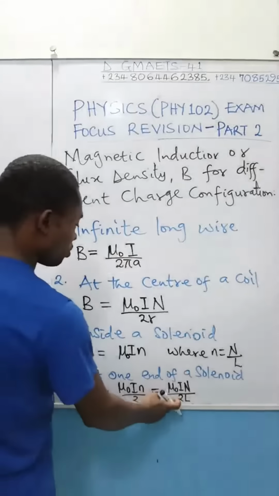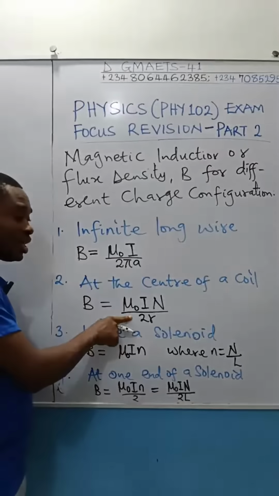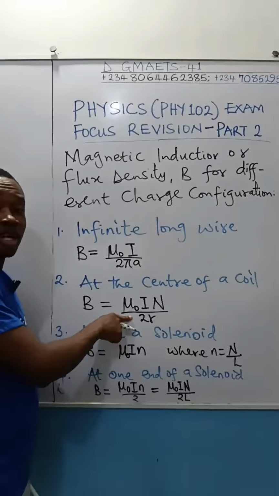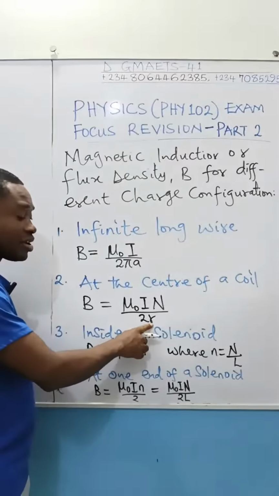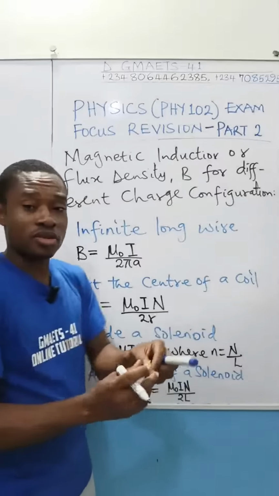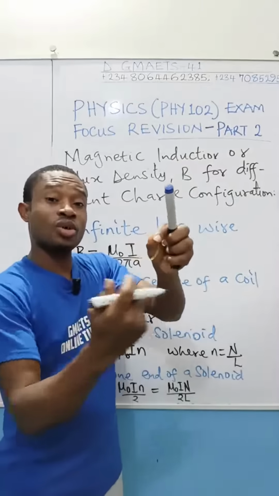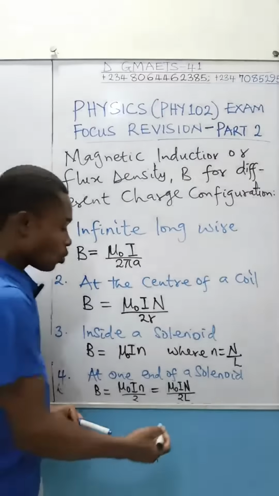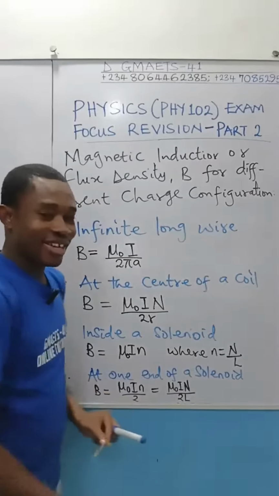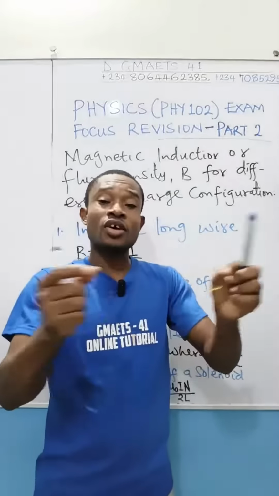If you look at this formula and that formula, they are similar. The only difference is that this R here represents the radius of the circular coil, whereas this L here is the length of the solenoid.